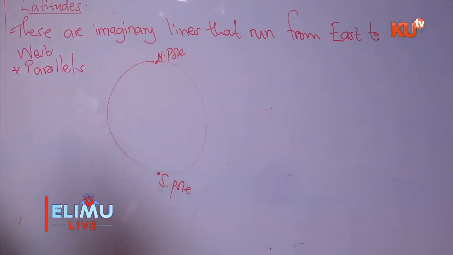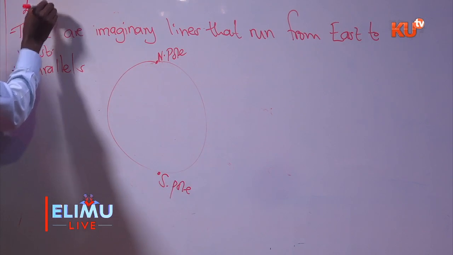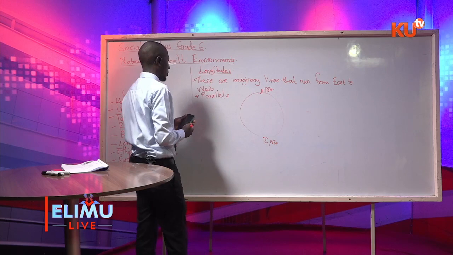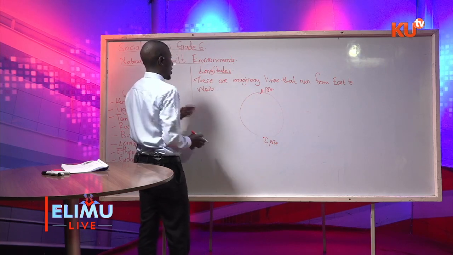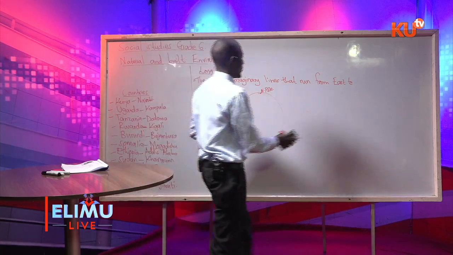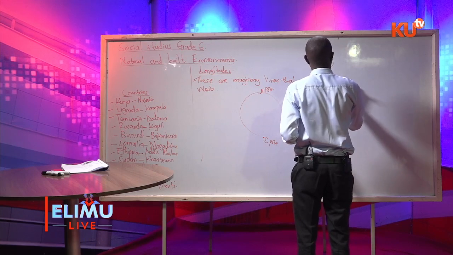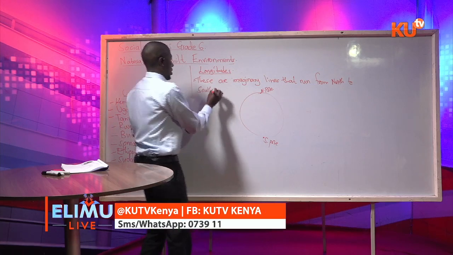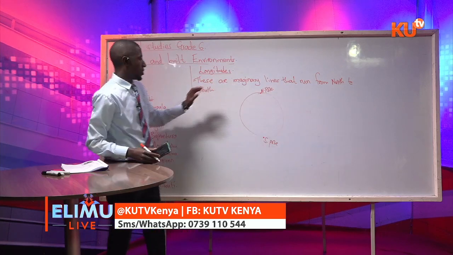Now, longitudes are imaginary lines. Don't call them longitudes wrongly, it's longitudes. These are imaginary lines that run from north to south.